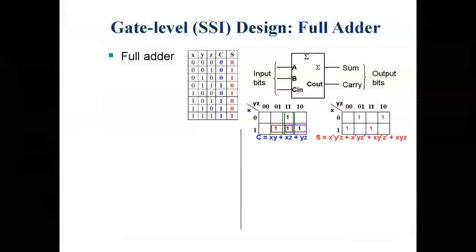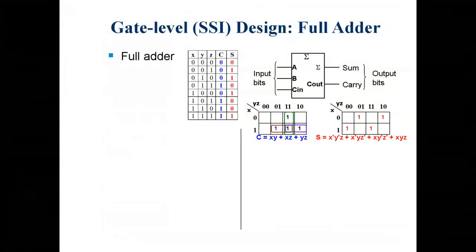Professor, can you explain what's the difference between a full adder and a half adder? In a half adder there is no carry in, and in a full adder there is a carry in. See, in the half adder we don't have any carry in.